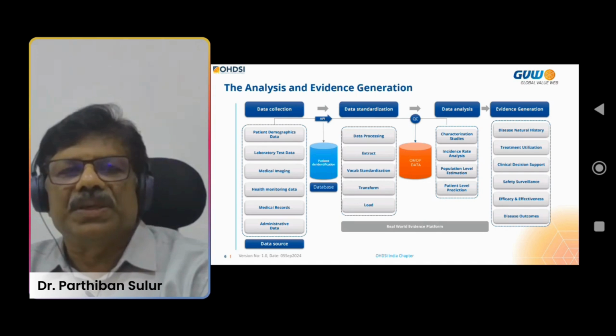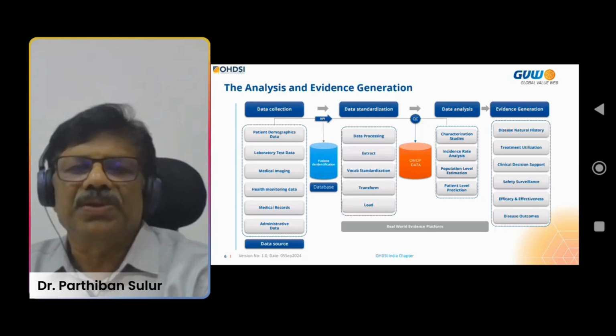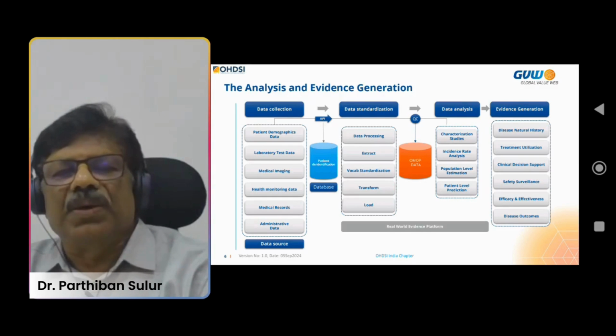A little bit of how the whole thing works. On the left side, for data collection, you have the demographic data, laboratory data, pathology, imaging, or your EHR data. All the data is first de-identified.